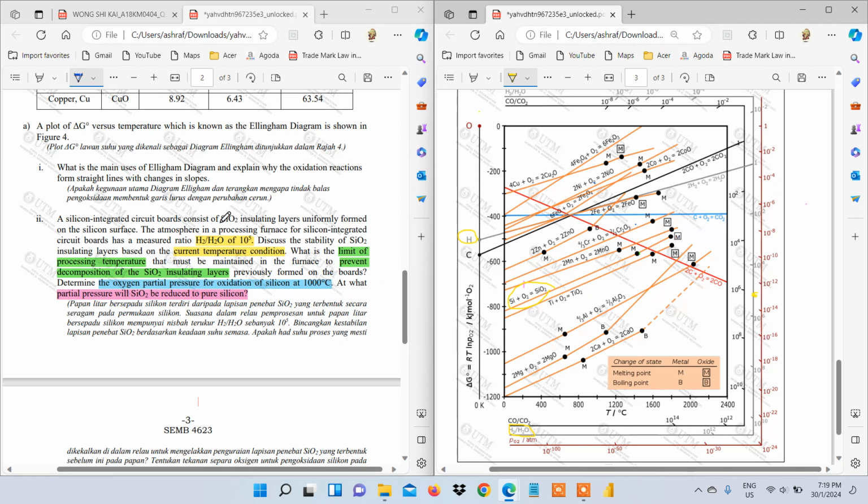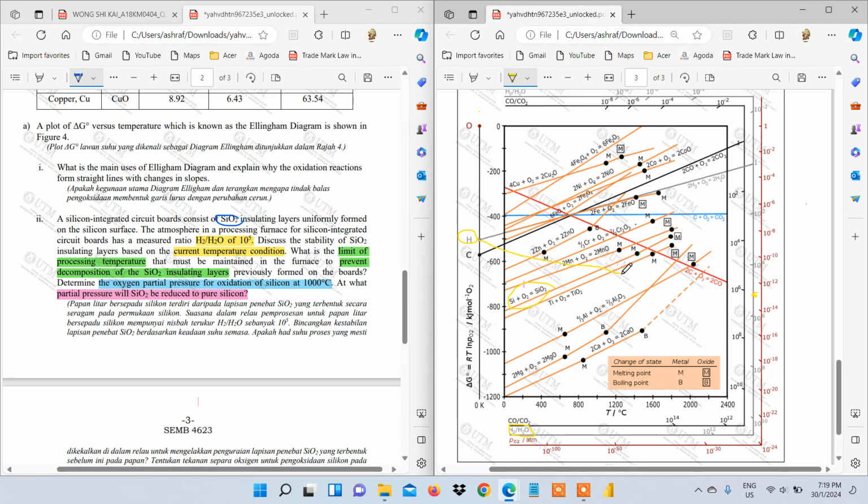And then they're asking for the trend line of silicon oxide. And from there, we just drag the line from H here until this point, which is dragged freehand, so it will be a bit not straight like that.